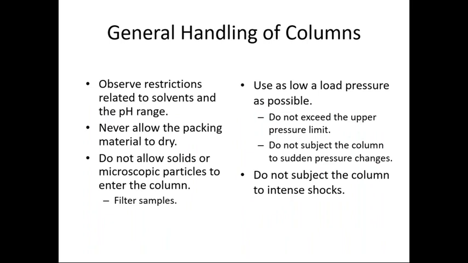Generally, when you handle columns, you should observe restrictions related to solvents and pH range. You should never allow the packing material to go dry. You should not allow solids or microscopic particles to enter with the sample. That means your sample preparation should be perfect. You should use as low a pressure as possible when you're doing the analysis, and you should not subject the column to shocks such as dropping them, or to very high temperatures.